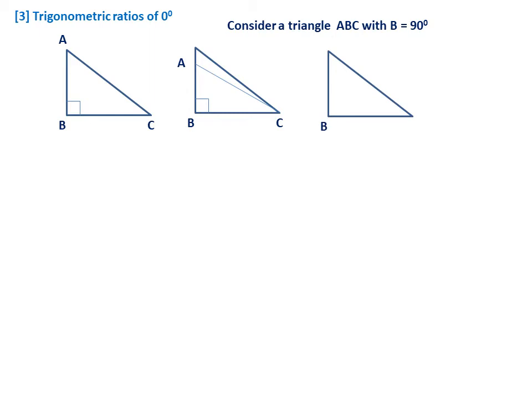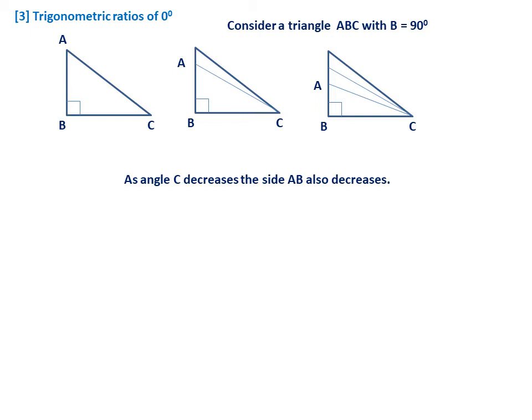Similarly, I will take one more case. So this is C, the same triangle only. Now I am still bringing it down. This is A. Now look at the three diagrams. In the first diagram, AB is very lengthy. Next AB is smaller than that. Next AB is still smaller than that. That means I am reducing the angle C. So what you can see is, as angle C decreases, the side AB also decreases.